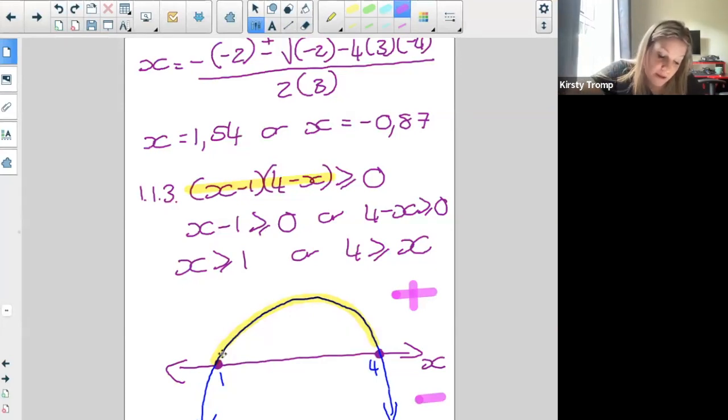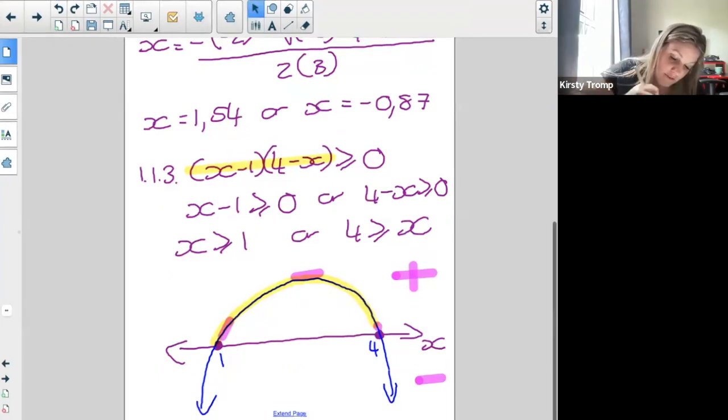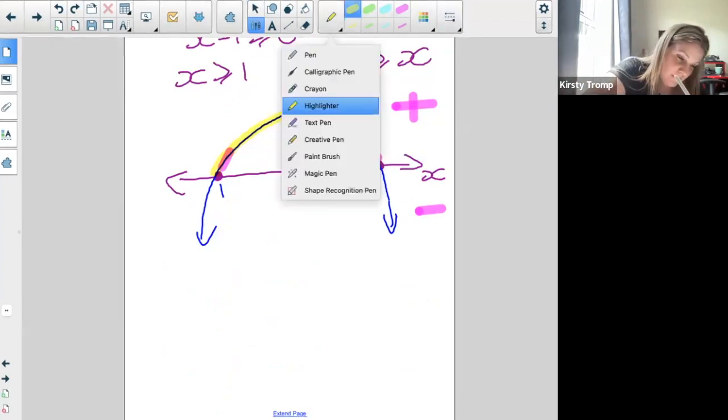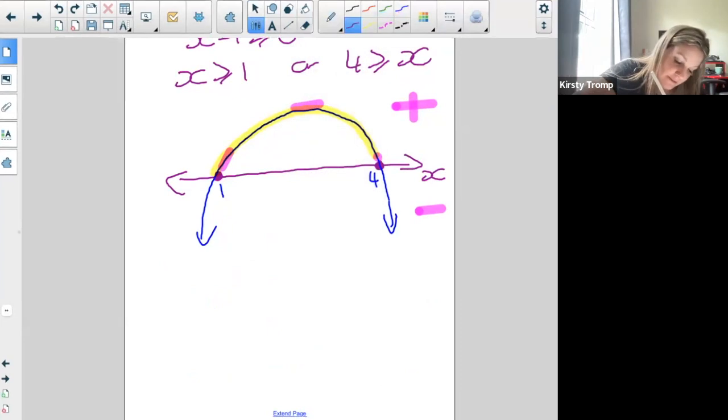So from 1 all the way to 4, my parabola is above 0, which means that if I write this in, I'm going to have 1, sorry, not negative 1, apologies guys. I'm going to say 1 is less than or equal to x, which is less than or equal to 4.